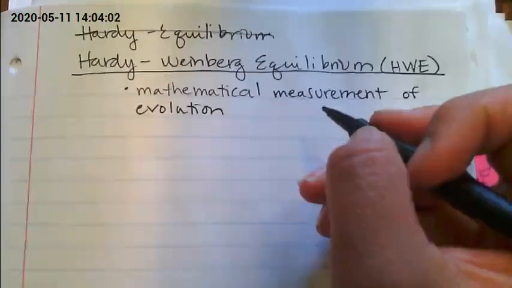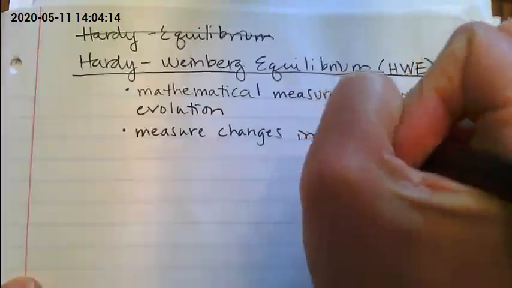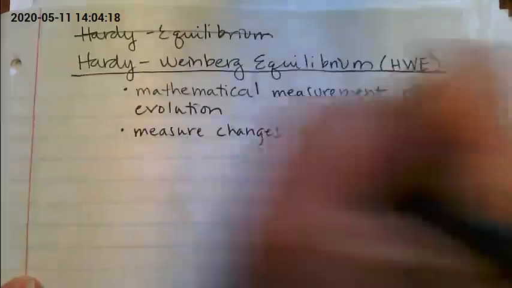So what does that mean? It's a way to measure changes in genotypes over generations.